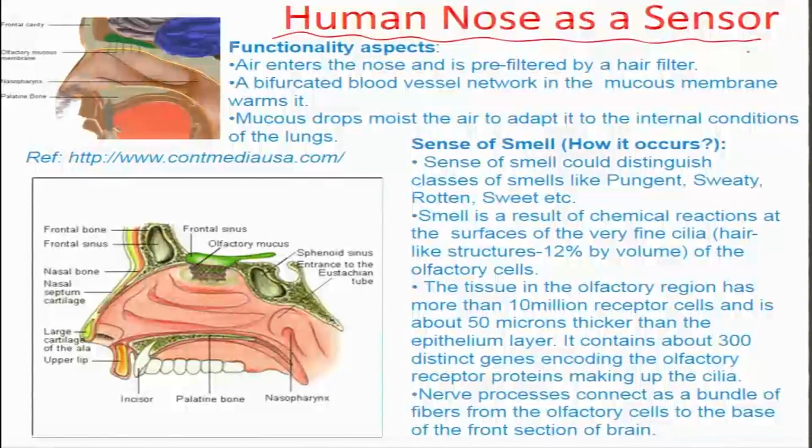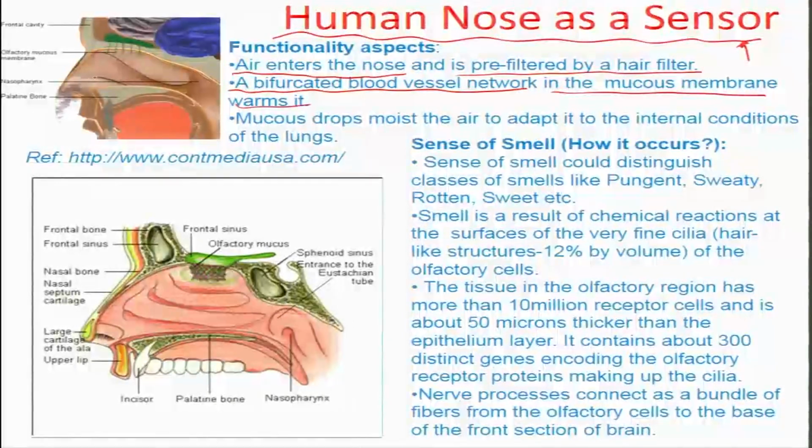The human nose is an excellent sensor. Functionality-wise, if we look at the different aspects of the human nose, air enters the nose and is pre-filtered by a hair filter which removes all the foreign particles before conditioning the air for internal purposes within our body. The bifurcated blood vessel networks are particularly present in a mucous membrane which sits somewhere around the air tract.